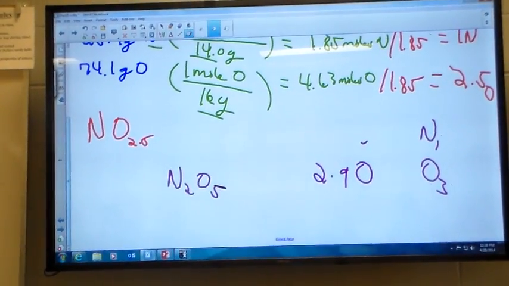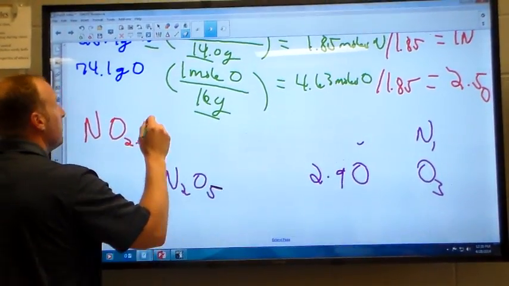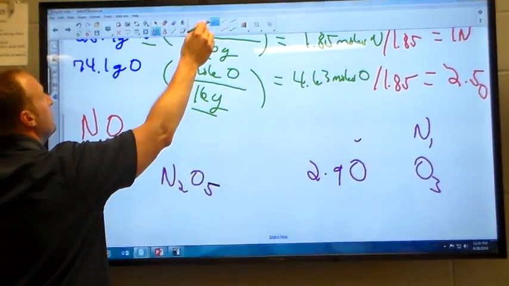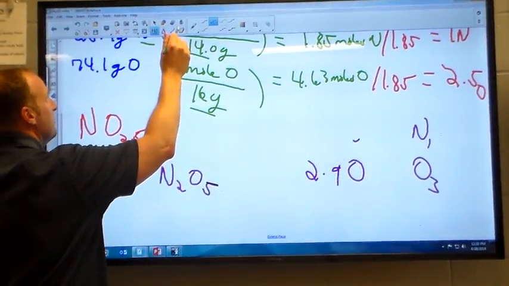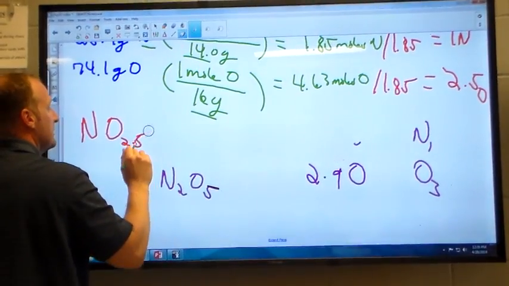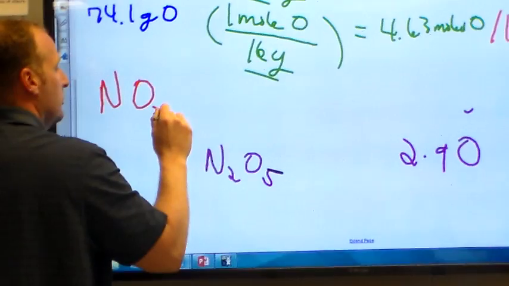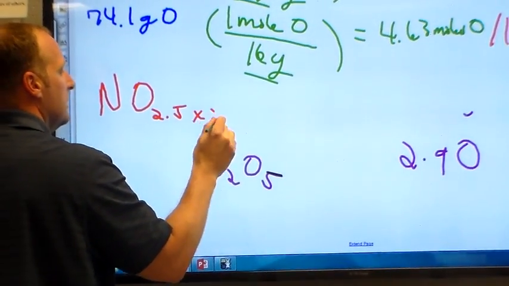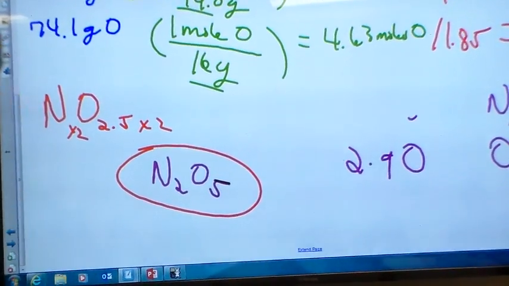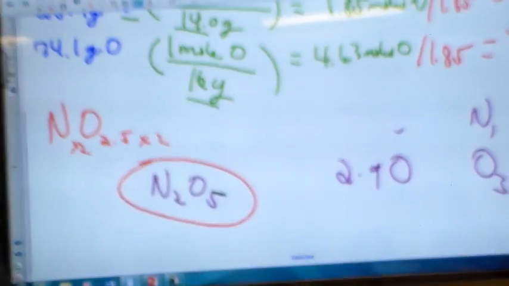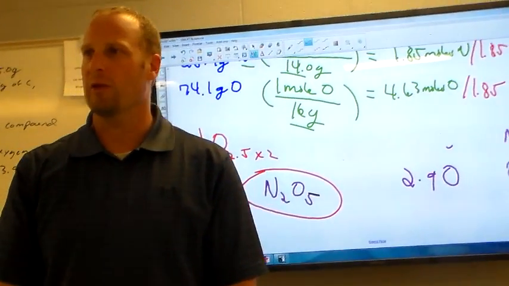If I multiply it by 4, it's not going to give me a whole number. The only thing that gives me a whole number is to multiply 2.5 by 2. Does everybody understand that? Why can I not leave it as 2.5? Because the chemistry rule says that you have to have whole numbers here. So I'll multiply this by 2 and this by 2. When I do, it gives me N2O5. Step 4 is not always needed. Step 4 is only needed when you have a number that comes out with a decimal place.